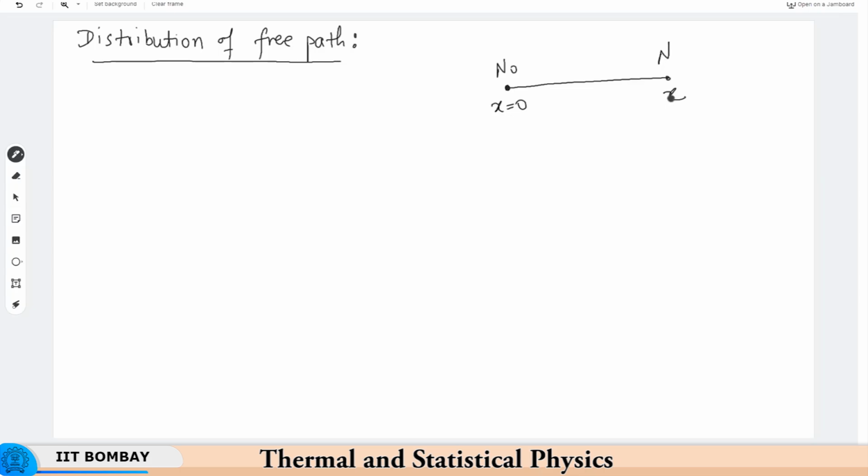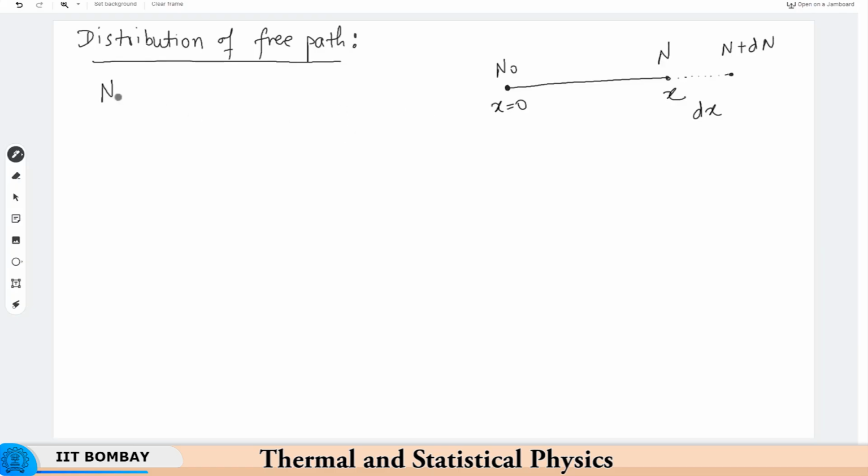Say that number after travelling a distance x is n, and say after travelling another incremental distance of dx, that number becomes n plus dn, right. So it's important to see what I am saying.